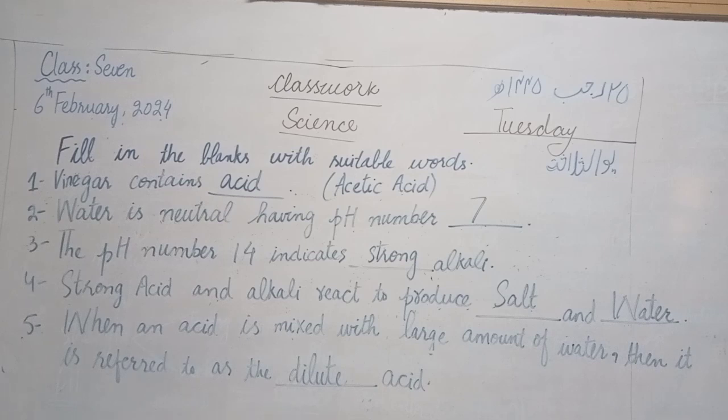Fourth one, strong acid and alkali react to produce salt and water. Fifth one, when an acid is mixed with a large amount of water, then it is referred to as the dilute acid. These are all the statements for blanks.